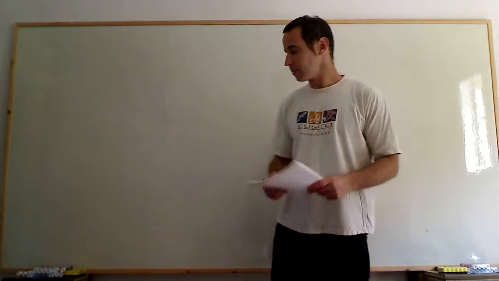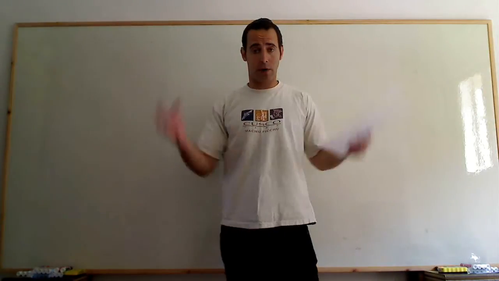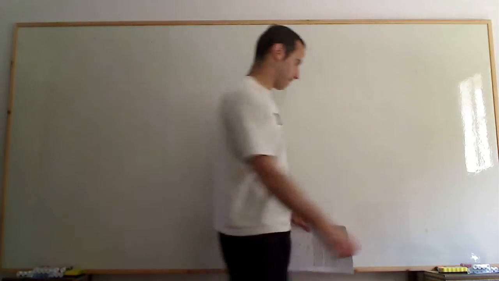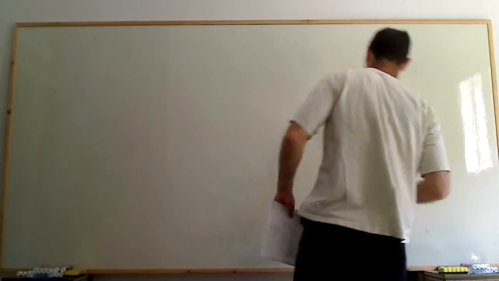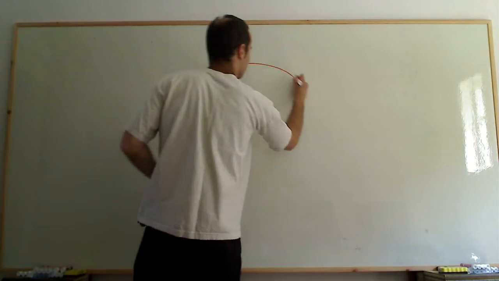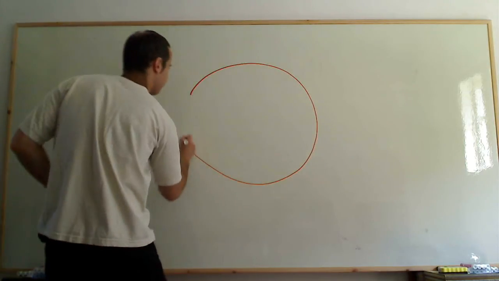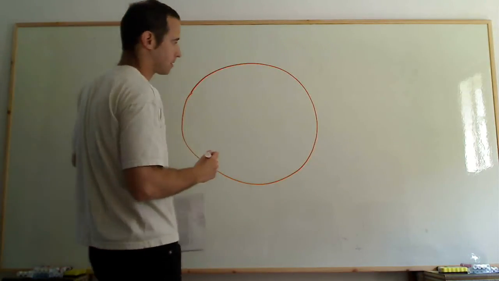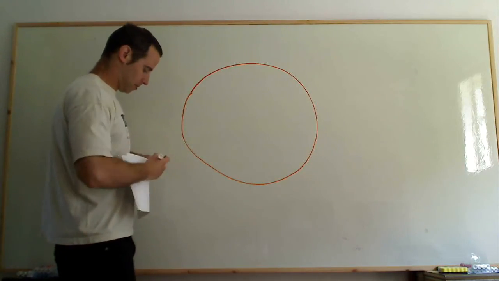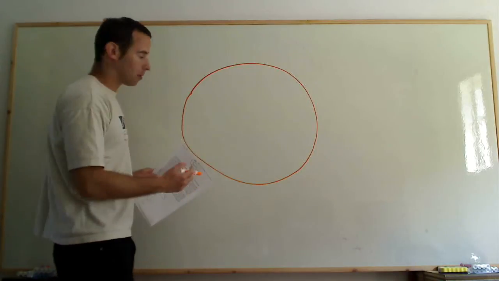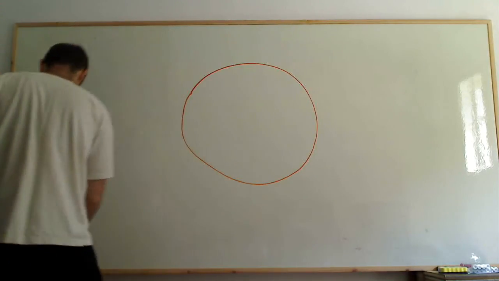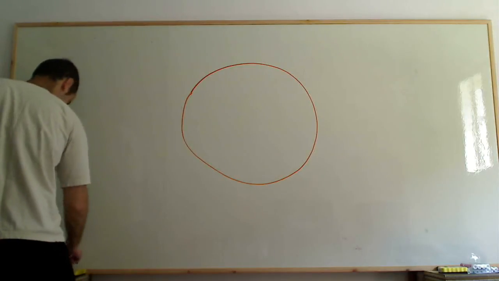Okay, so now let's say we have a ball, like a basketball. This is our basketball, and we put a rope on the basketball, like the rope.